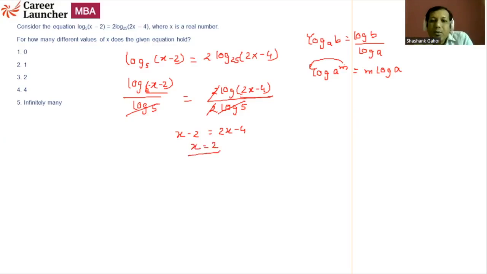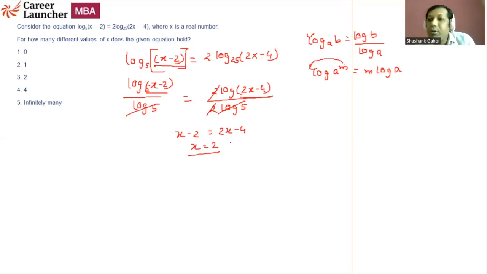Now, if I'm getting x equal to 2 and if I'm going to put it in the initial equation, 2 minus 2 becomes 0, and inside the log, you cannot have any value as 0. So it means we are getting only one possible value for this, and that value does not satisfy the basic condition of log itself. It means there is no possible value that is going to satisfy this equation.